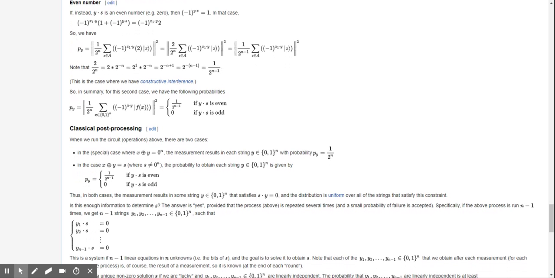Classical post-processing. When we run the circuit, there are two cases. In a special case where s equals 0, the measurement results in each string y with probability.